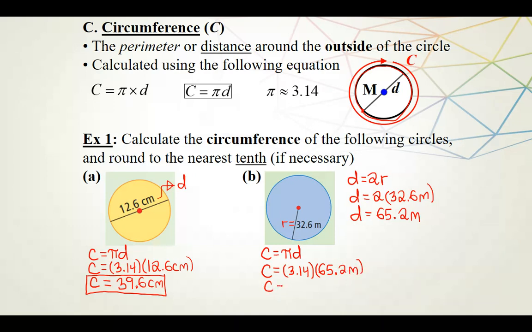And then I would get the circumference of the circle, which is the distance around the outside of the circle, would be 3.14 times 65.2. That would give you 204.728. But if I round that to the nearest tenth of a meter, it gave me 204.7 meters. And let's go ahead and box that.